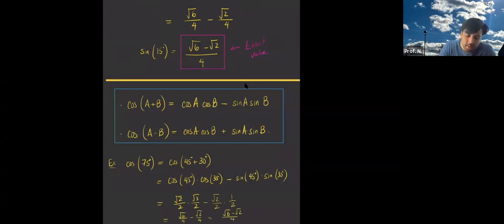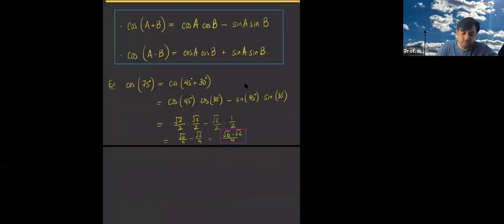And this is my expression. Rad 6 minus rad 2 over 4, which is the same thing as sine. So note, sine of 15 degrees equals cosine of 75 degrees, which equals rad 6 minus rad 2 over 4.